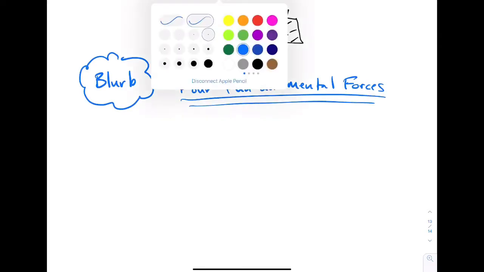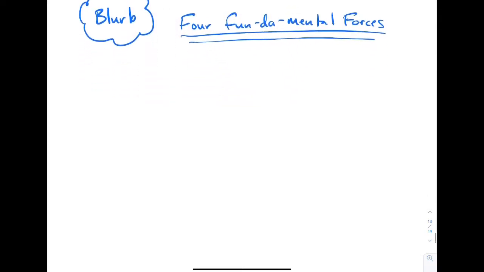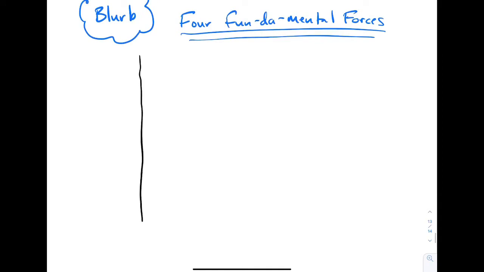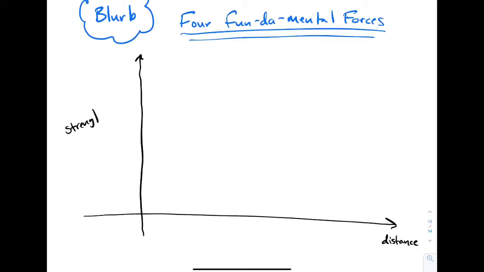The way I'm going to do this is as a plot, where we plot each of our forces with respect to distance and strength. Strength is not necessarily the most perfect word, maybe we could say magnitude, but strength makes sense, so we're going to keep it.